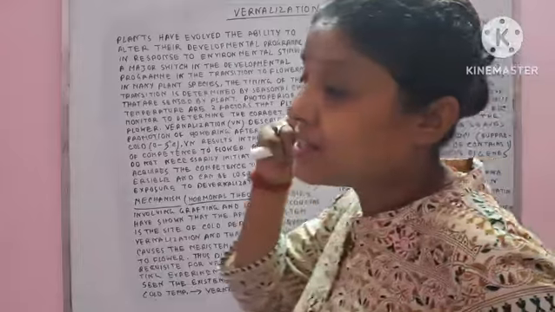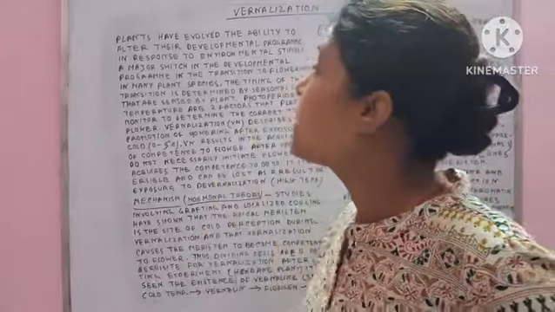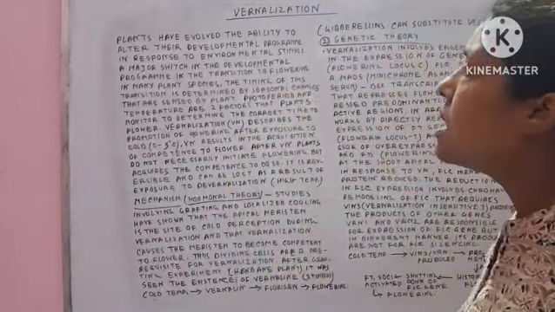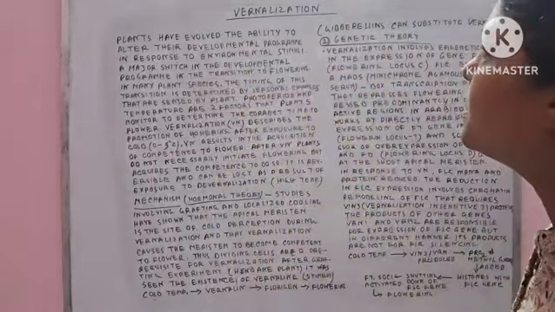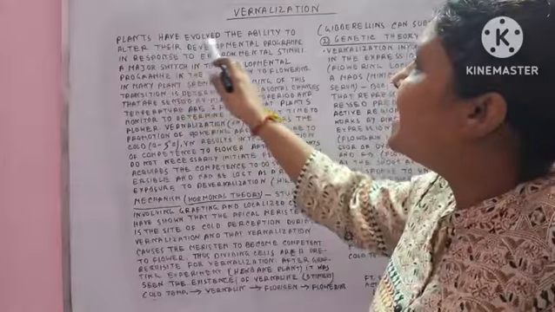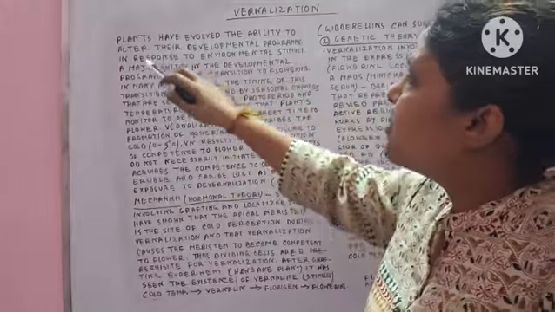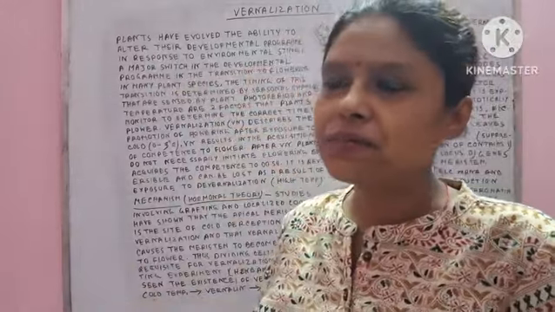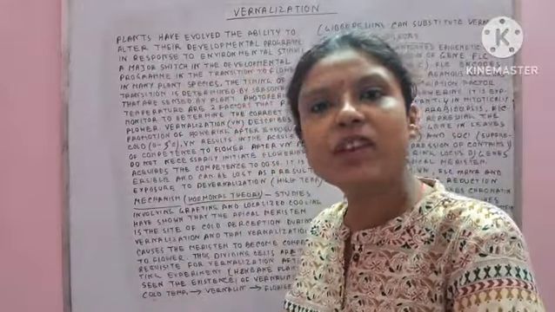Okay, this is related to plant physiology, and first we have to know the vernalization process. Plants have evolved the ability to alter their developmental program in response to environmental stimuli. So we all know that we are in adaptive condition.